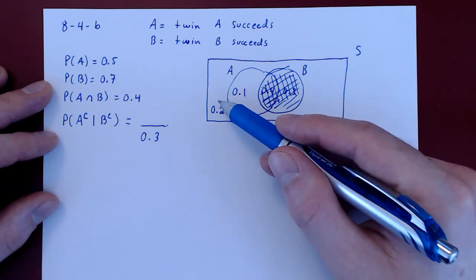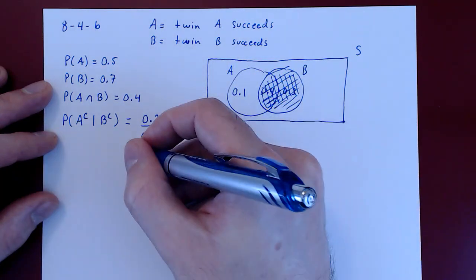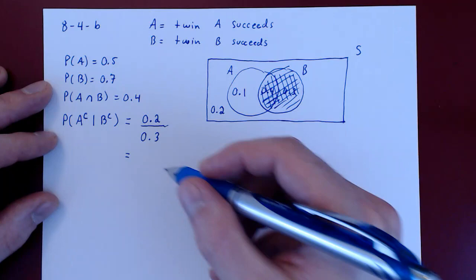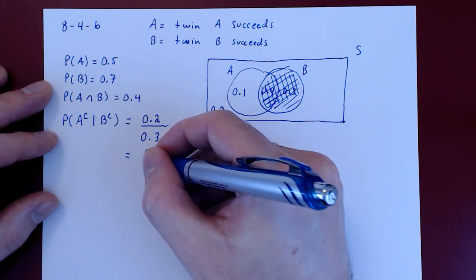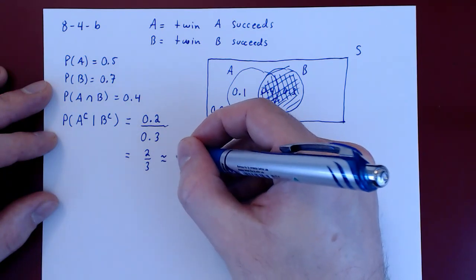A total of 0.2. And so, if you think of multiplying by 10 to cancel the decimals, what you have is simply 2 out of 3. If you want to go back to decimals, this is about 0.67.